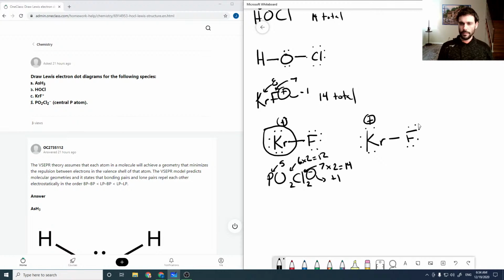So then we've got 5 plus 1 is 6, plus 12 is 18, plus 14 is 32. There we go. I don't know what kind of weird math I was just doing. So we should have 32 total. And it gives us that the phosphorus is the central atom.